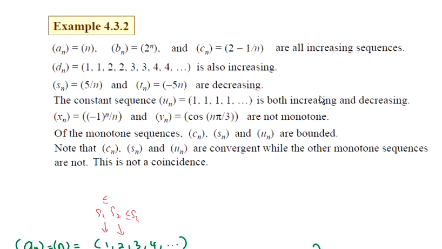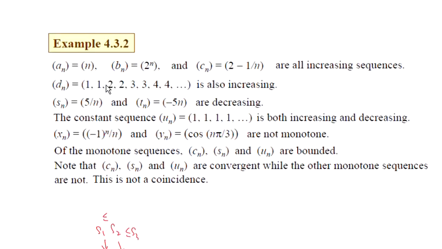Next, D sub n. D sub n is given by 1, 1, 2, 2, 3, 3, 4, 4. So D sub n is also increasing. It doesn't matter if the sequence has repeated terms, it is still increasing.